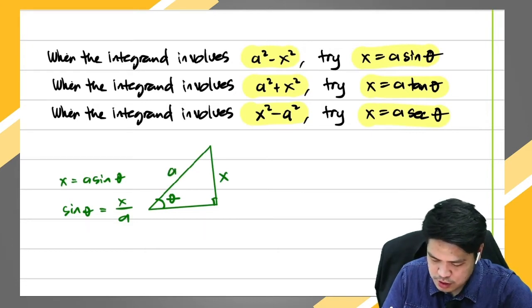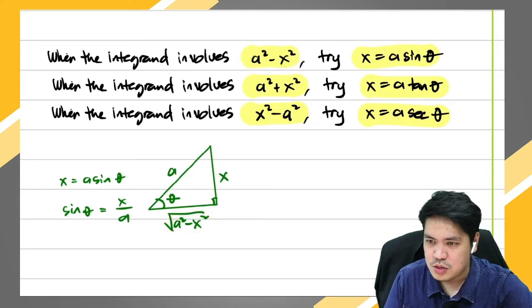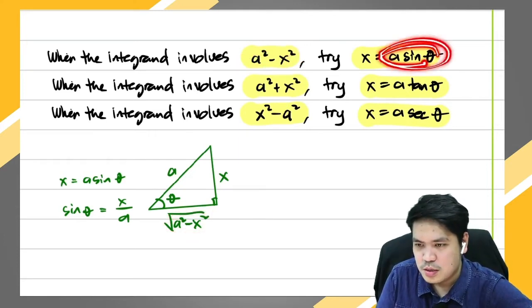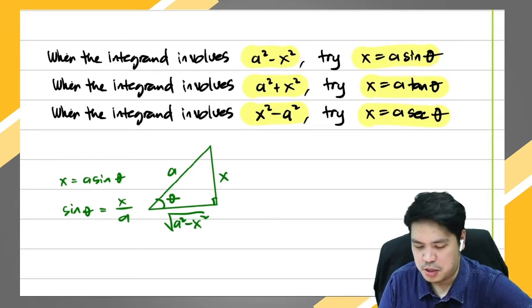So therefore the other side is the square root of a squared minus x squared. And because that is what is involved, that is what comes out. Actually, we could also use cosine for this, but that's okay because sine and cosine are just complements.